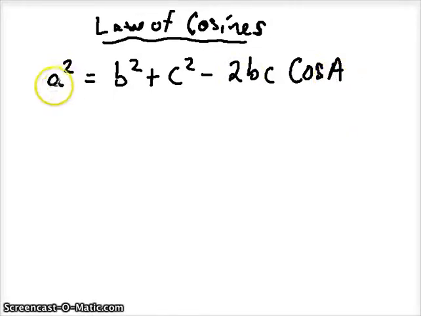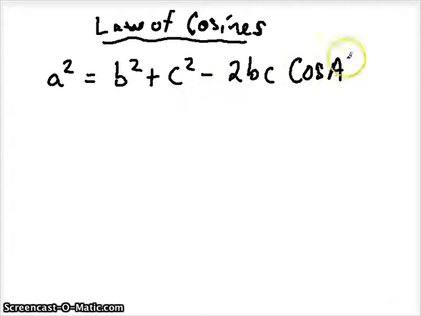Right now this equation is set up to solve for side A, but sometimes you're going to want to solve for angle A, and usually they don't give you the equation in terms of angle A. So I would suggest taking all three of these equations, and I'll give you the other two in a sec, and solving them in terms of angle A. I'm going to show you how to do that with this one equation here.